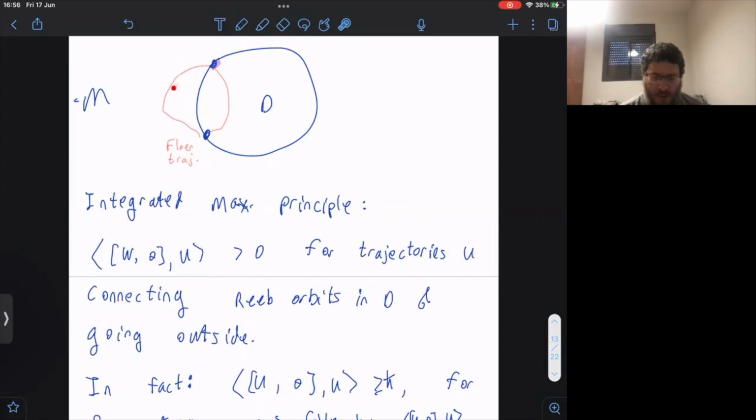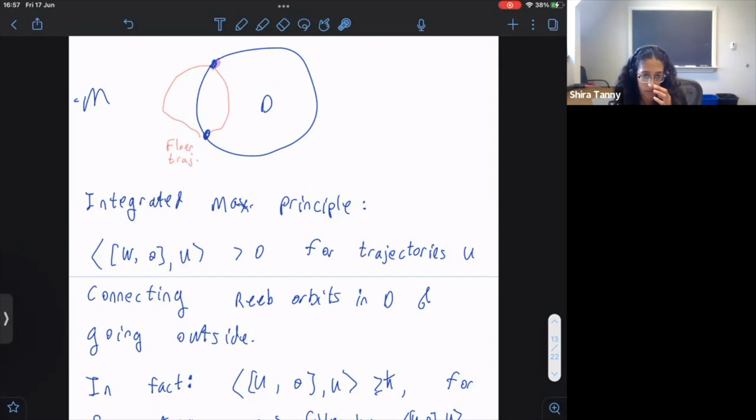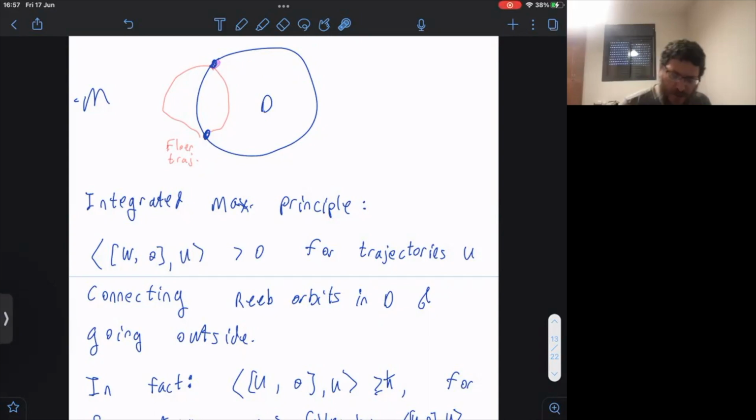It has to go pretty far outside, so you can use that to extract some positive constant. And it will depend on the embedding of D into M, yes, in a weak way. Yes, it will depend on the embedding of D into M, definitely.